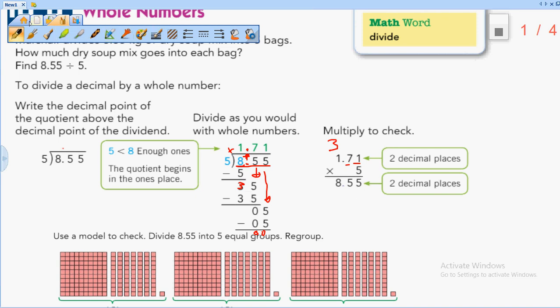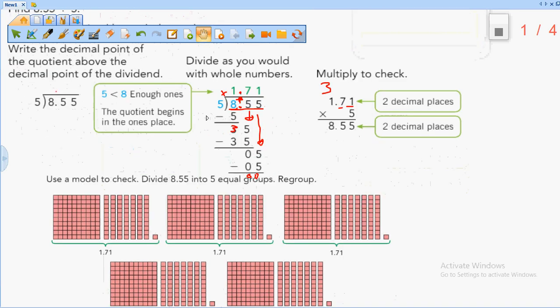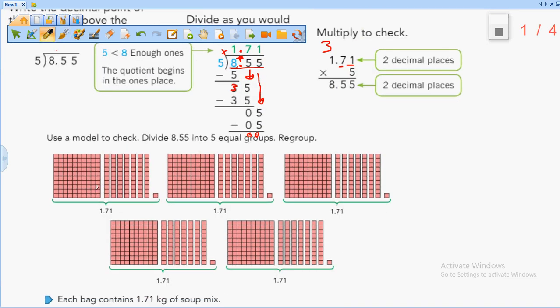Look here, if I want to use blocks or the model. When you see 100 blocks, that means a whole number. When you see 10 blocks, that means tenths. When you see individual blocks, that means hundredths. Okay, boys? So this number is 1.